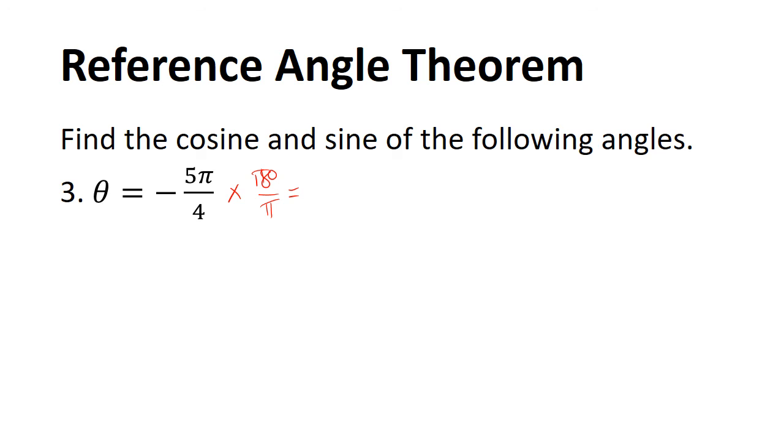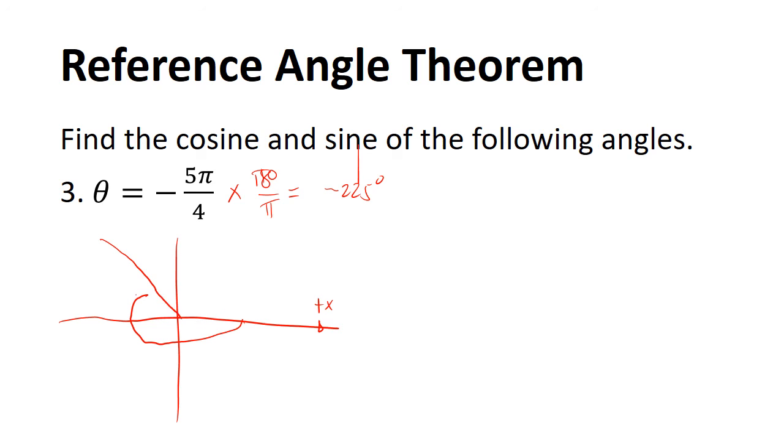So, negative 225 degrees. So, saan ang negative 225? Remember, pag negative, mag-start tayo sa positive x, ang direction natin clockwise. So, dapat nandito siya. This is 90, 180, 225.